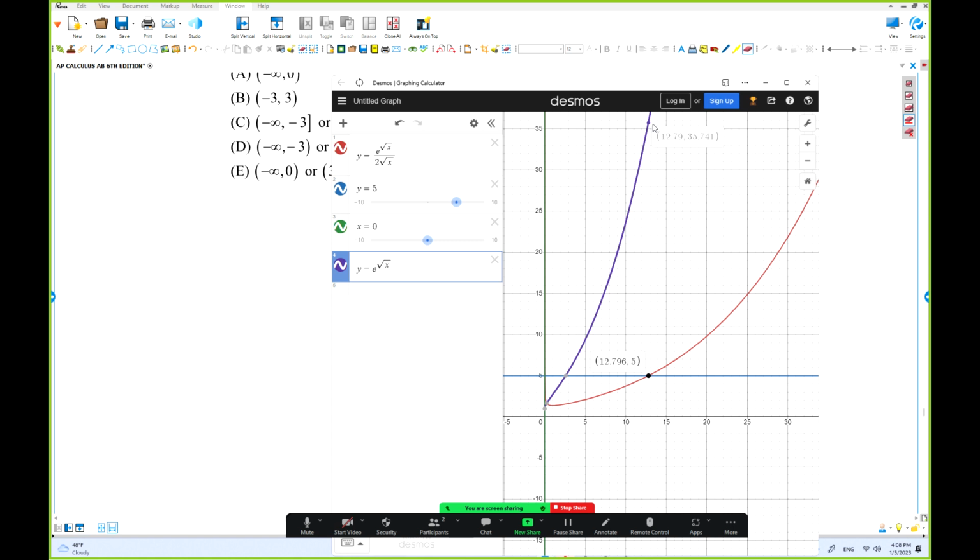This one, 12.79, a little more. At this point, when you make a tangent of a line, it's going to have a slope of 5. Are you okay with this? When you make the line, your slope is 5.